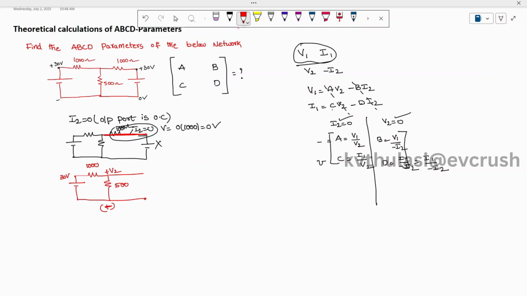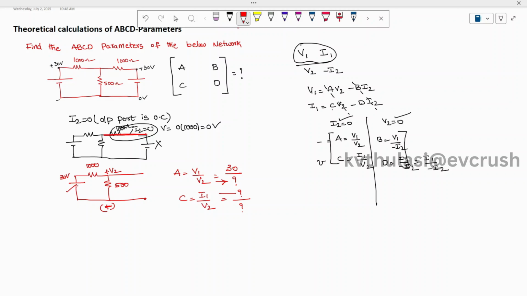Now, as per this, we require A equal to V1 by V2, and C equal to I1 by V2. V1 is known, 30, and we need to find V2 and I1. How do we find them?